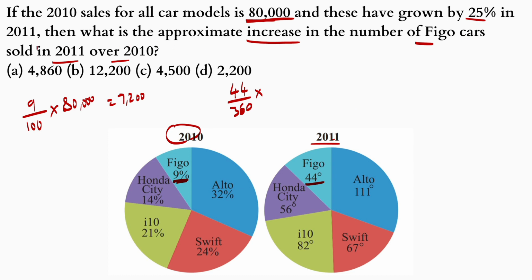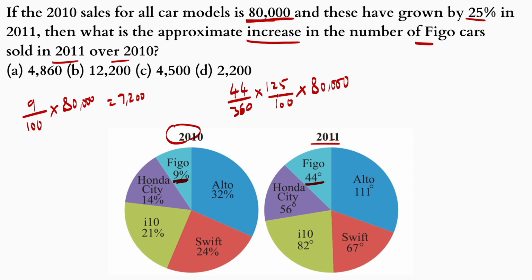what is the percentage? 25% increase in 2011. So 25% growth from that of 2010 to 2011. So 25% increase means 125 by 100 of what is total sales? 80,000, right? So there is an increase in 80,000 total sales by 25%.